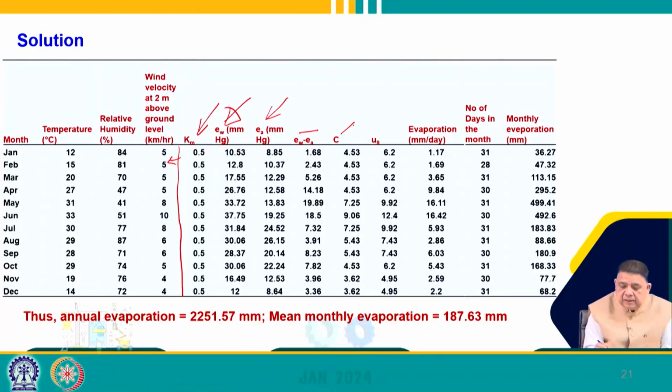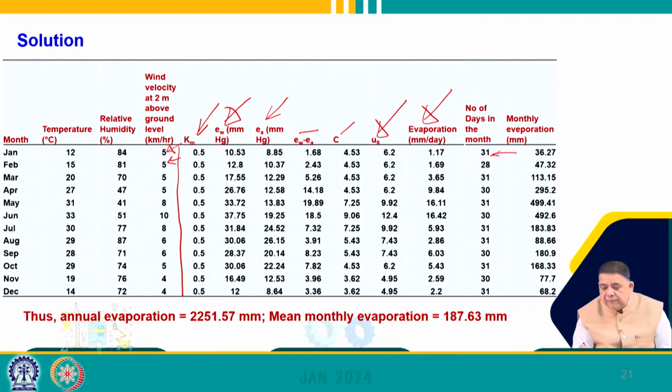Value of C we can determine, because at 2 meters we have been given wind velocity. So, obviously, the C value will be the same if the velocity is the same; if the velocity changes, the C value will change. Once we know C, we can also get the 9 meter velocity. So, putting all the values in Meyer's formula, we can calculate evaporation in millimeter per day for different months.